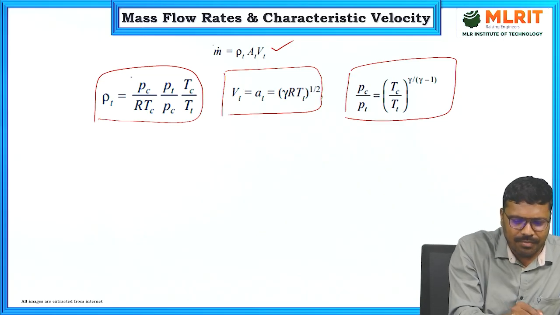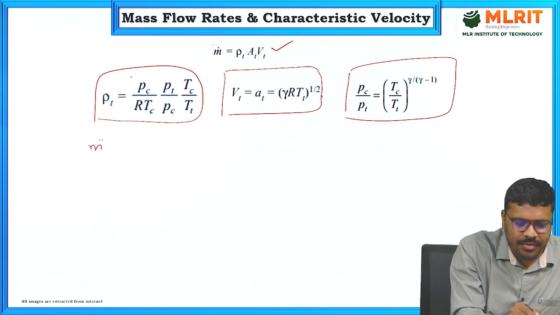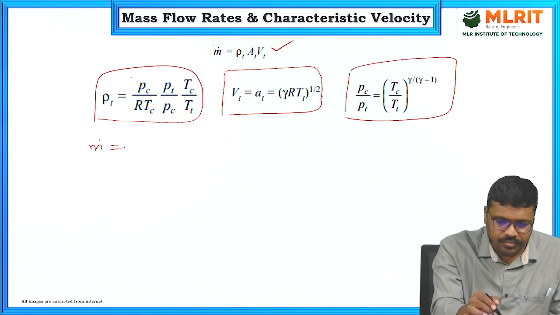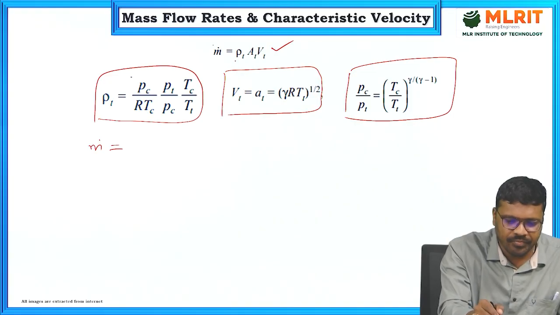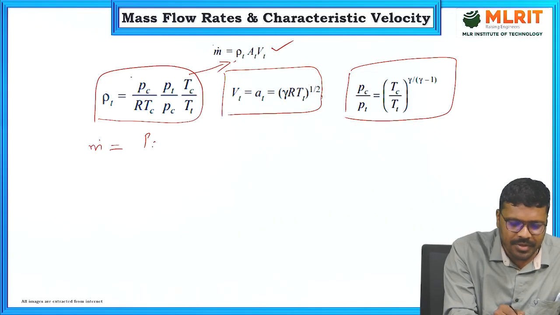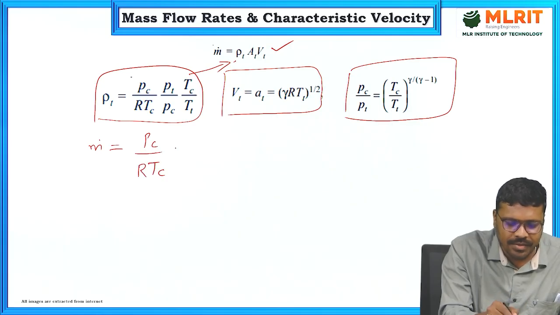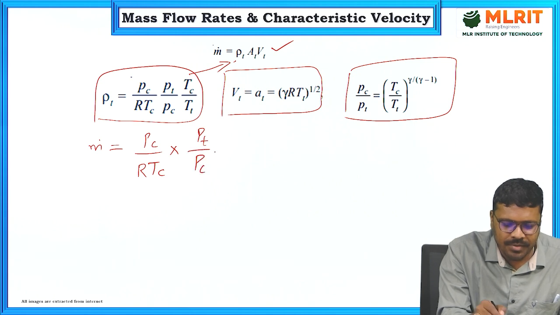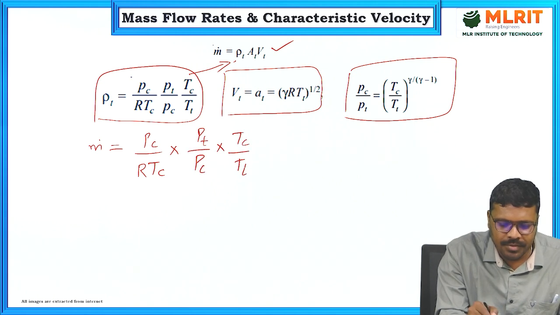If you write m dot equation here, m dot is equal to, substitute rho t. Substitute this in the rho t, then it will become Pc by R Tc into Pt by Pc into Tc by Tt.